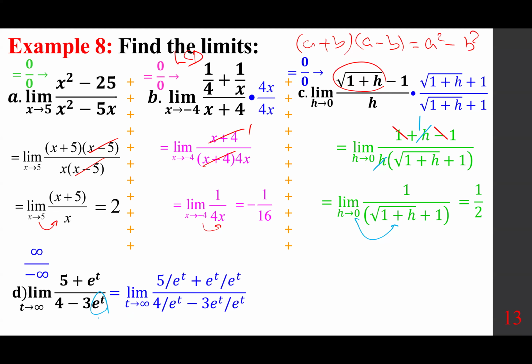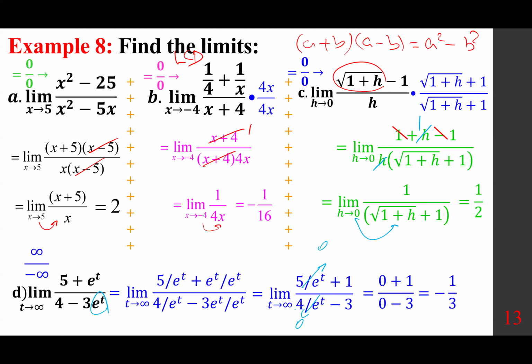So the methodology is similar to that, everybody. And of course, since t goes to infinity, this goes to zero, this goes to zero, positive 1 over negative 3 gives you negative 1/3, everybody.